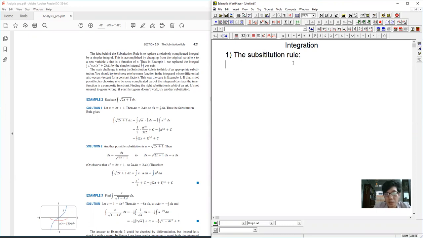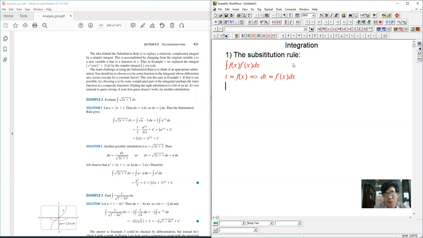To use this substitution, when we have the integral of f(s) and f'(s) ds, where f'(s) is the derivative of f(s), we could change to another variable: we set t equal to f(s), and we find the derivative dt equal to f'(s) ds.